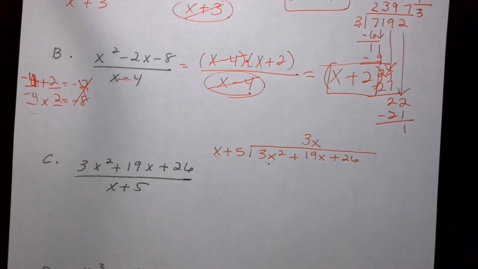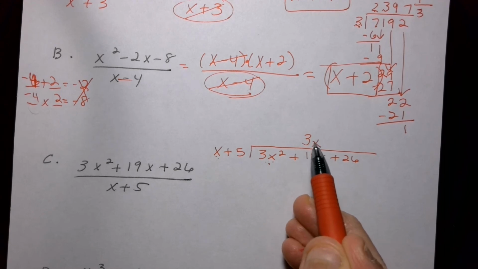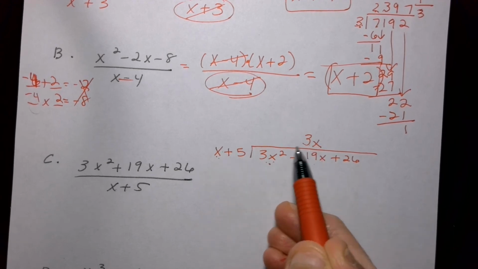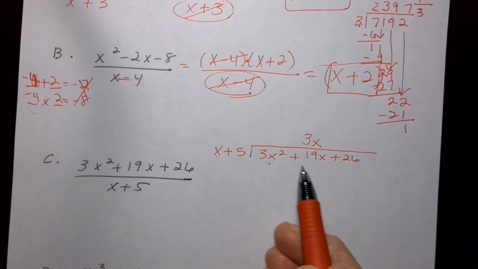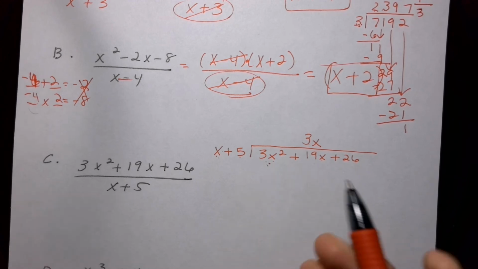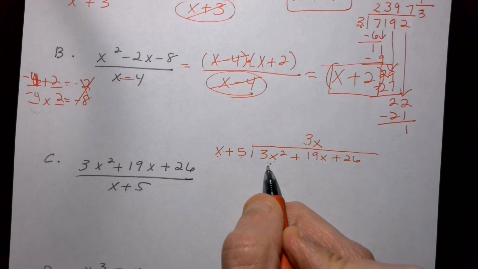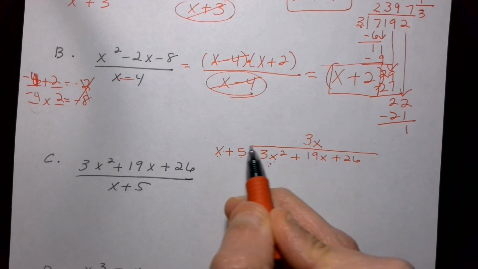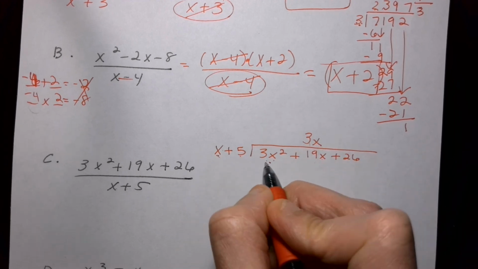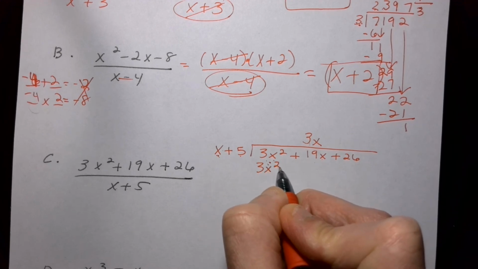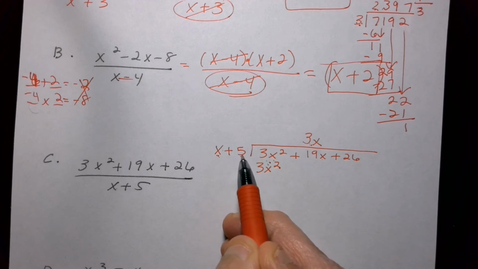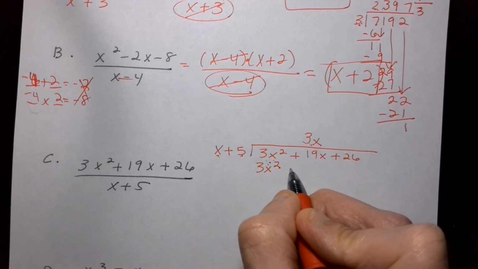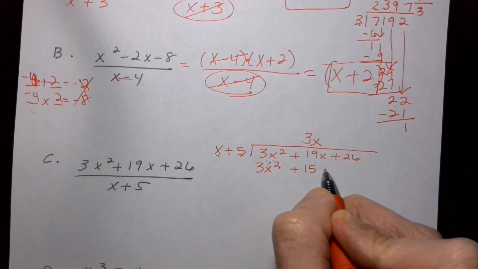All right, now let's keep moving. What I'm going to do now that I've written that there is I need to multiply it by both of these, and I'm going to write it right here under both of these. So the first thing should drop out. Watch. 3x times x is 3x squared. 3x times a positive 5 is a positive 15x.